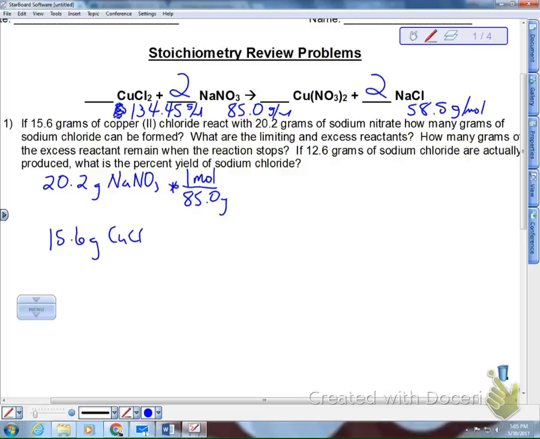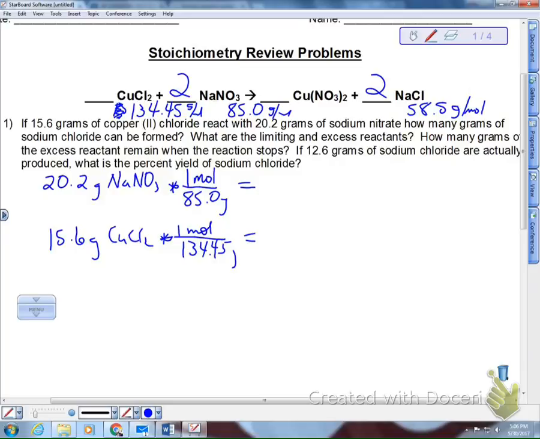All I'm doing right now is writing down the mole conversions. We really can't do anything ever until we get to moles. So using those molar masses I just found, I can get the moles of each of my reactants.